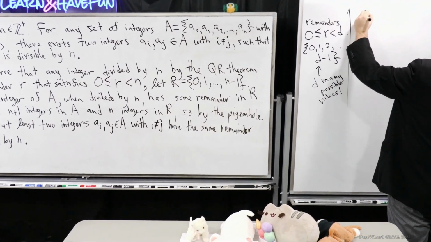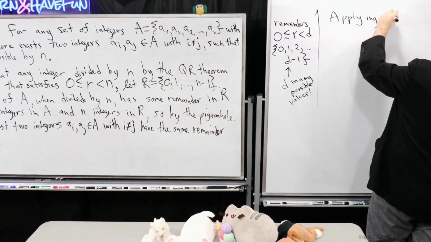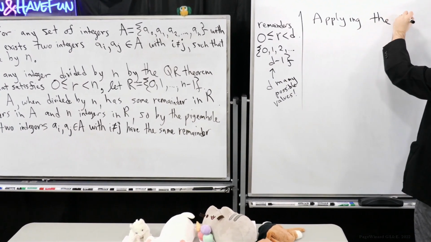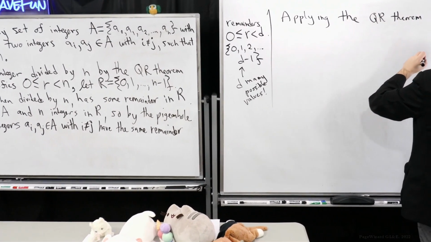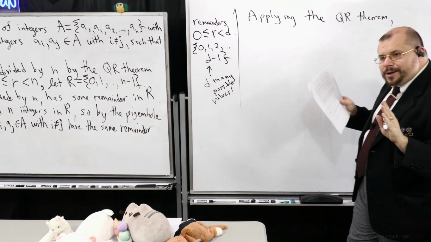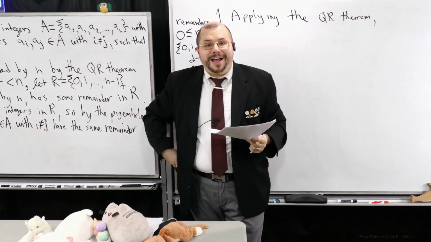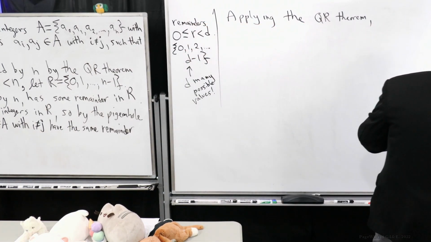So we're going to use the Quotient-Remainder theorem again. Applying the theorem, we're going to rewrite those two integers that we obtained.